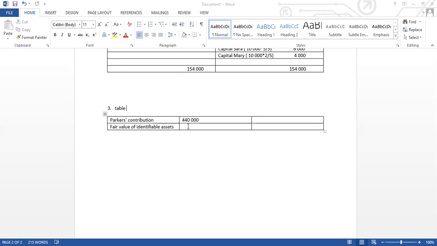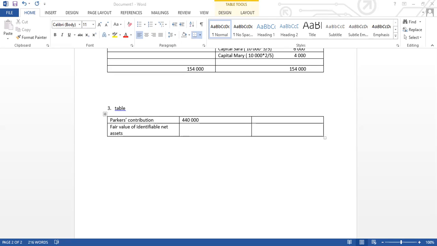Identifiable assets are the assets available in the business that can be identified. So what is the net fair value of your net assets? We all know what assets are, right? Yes. So now, the fair value of those net assets.